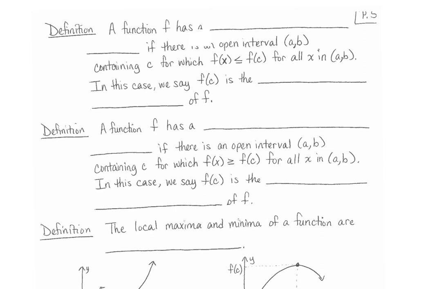It has a local maximum. Some people say local max. I'm okay with that too. Local maximum at C if there's an open interval AB containing C for which f of x is less than or equal to f of C for all x in that interval AB.